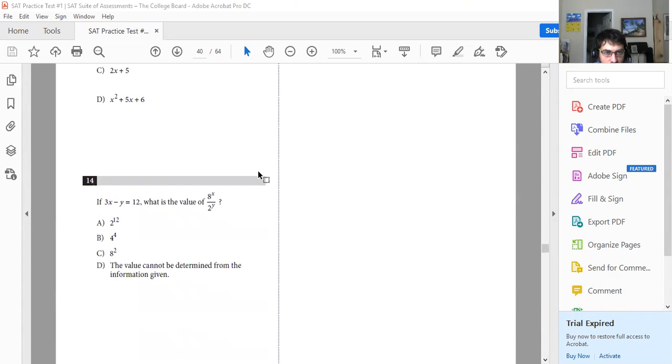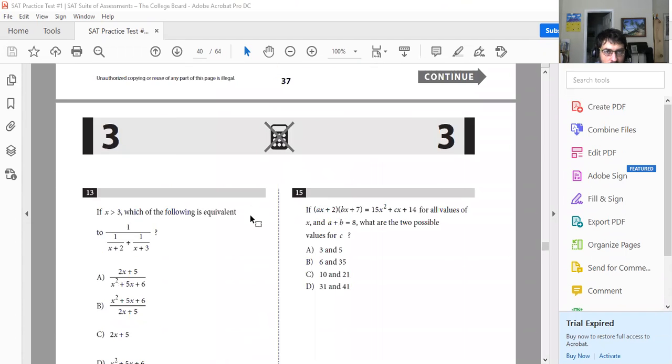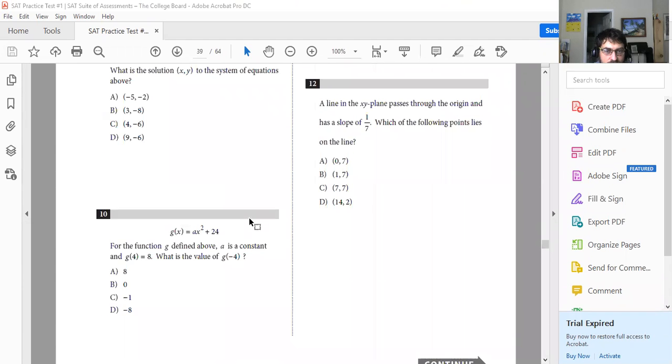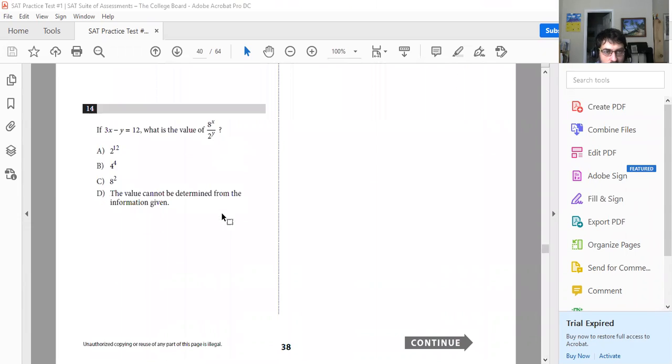Okay, I didn't do 14, I guess I skipped 14, so we'll do 14 now. 3x minus y equals 12. What is the value of 8 to the x over 2 to the y?